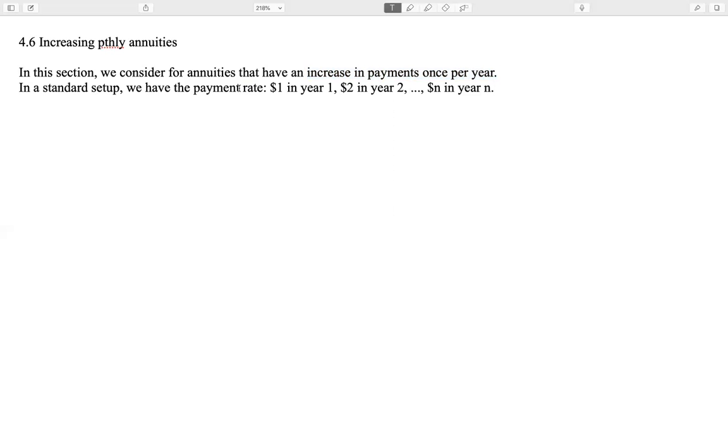If you look at the payment rate per year, it's $1 in year one, 2 in year two. So you have one increase each year, right? So that's the setup we're going to handle in this section. It helps a lot when I draw this graph. Then things will become a lot more clear.